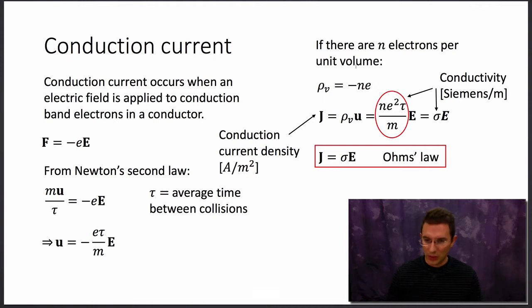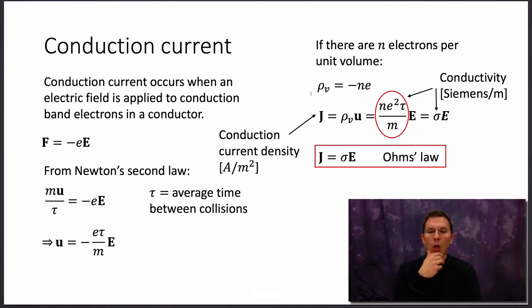So again, simple dimensional analysis tells us that we can write an expression for the charge density of the conductor, which is simply equal to, again, charge times the number per unit volume essentially here, like this. So n times minus e gets you the charge density in our conductor.